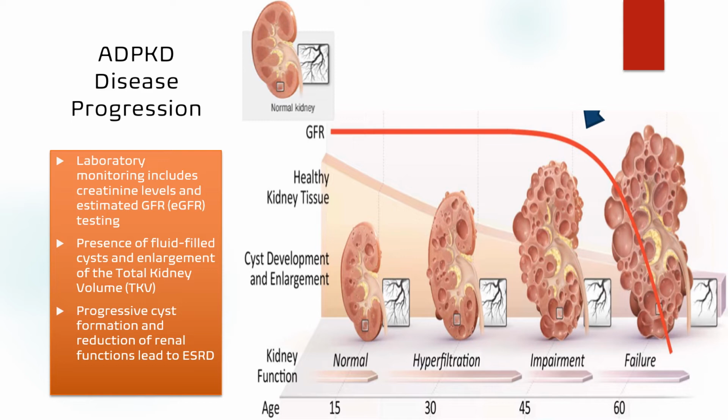And so with increasing age, you can see that what would be normal renal pathophysiology then leads into hyperfiltration, impairment, and then failure or end-stage renal disease.